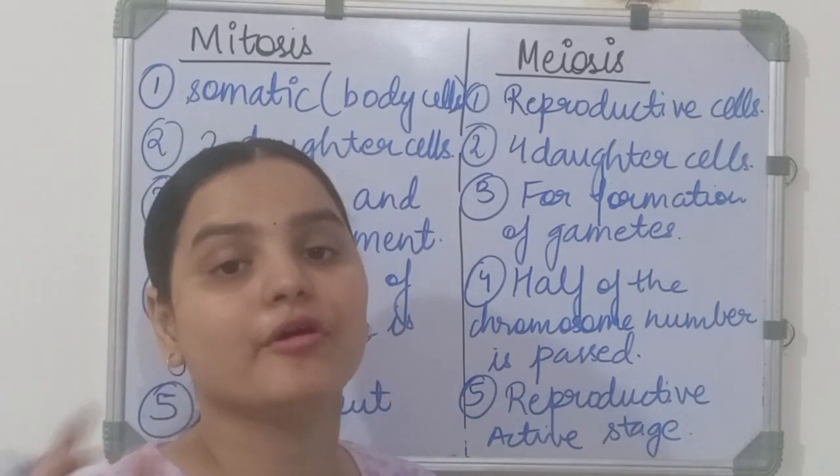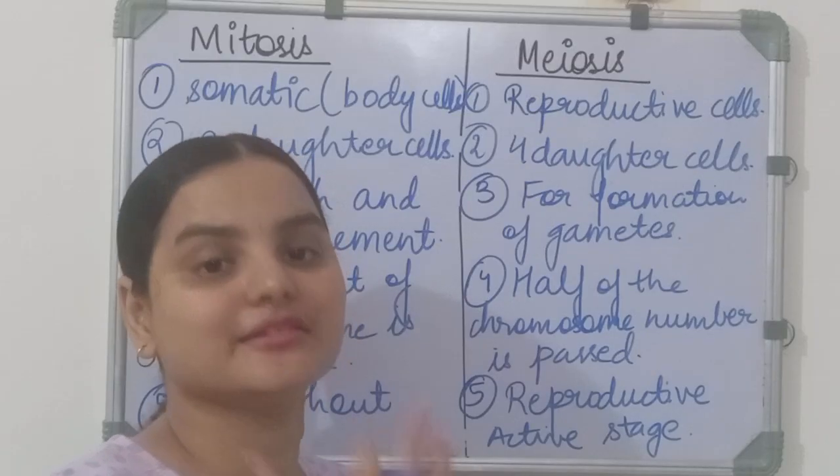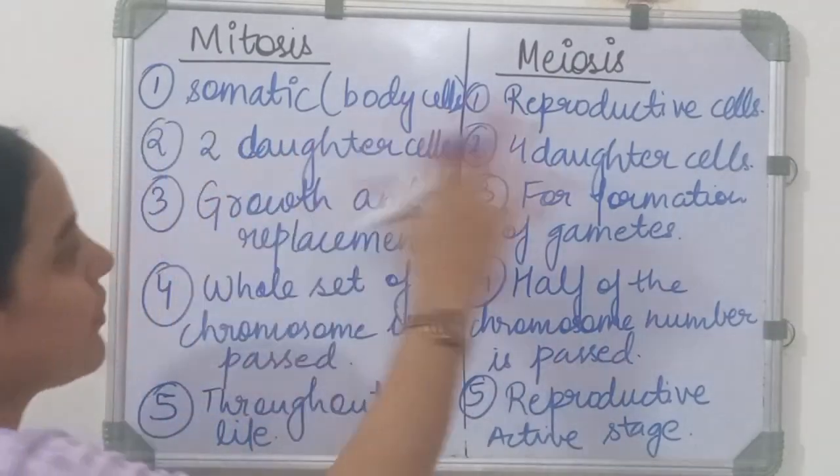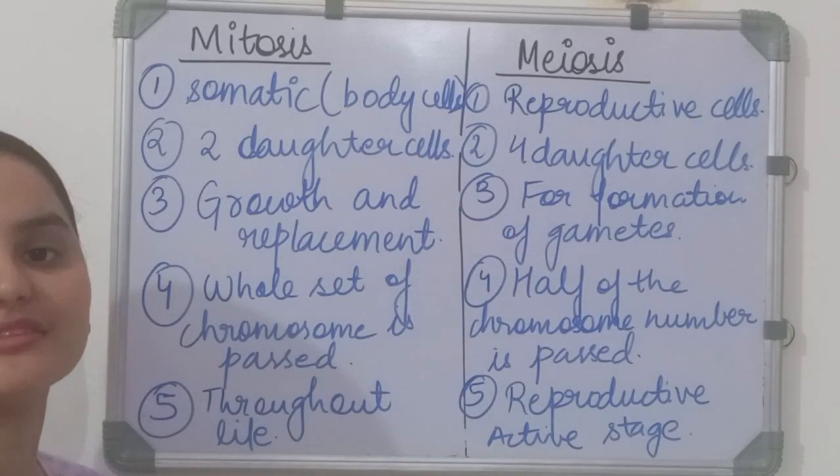As long as the body is able to produce eggs and sperms, meiosis happens. Okay, so this was all about the differences between mitosis and meiosis.